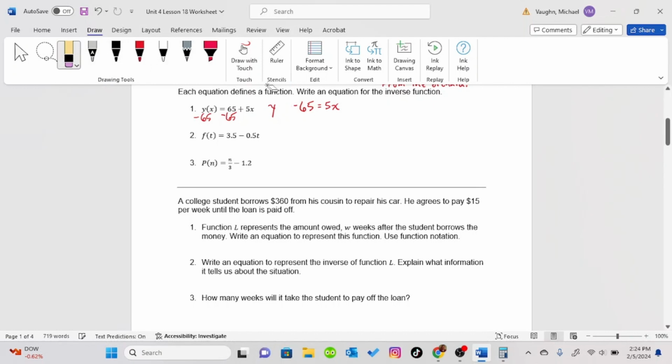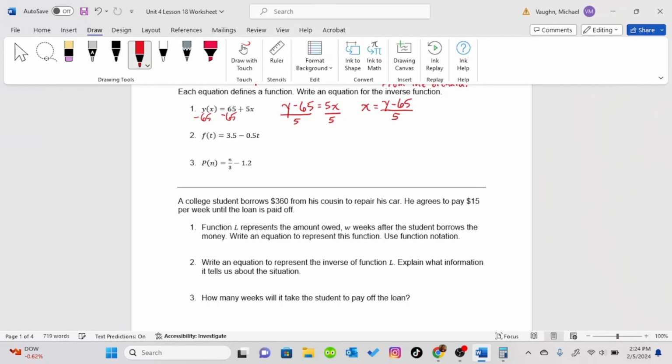Or we can just write y. Now I need to divide both sides by 5. So now x equals y minus 65 divided by 5.